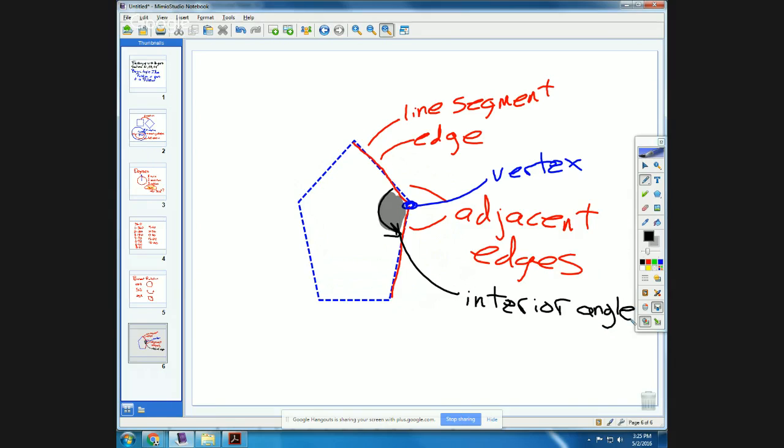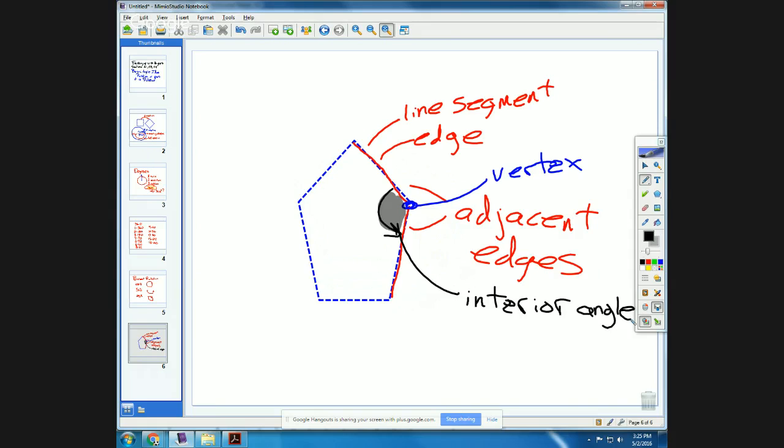And in project number 7, activity 7, we developed a formula for the sum of the interior angles of a polygon. I'll play around with that idea a little bit more with verbal algebra just for fun.